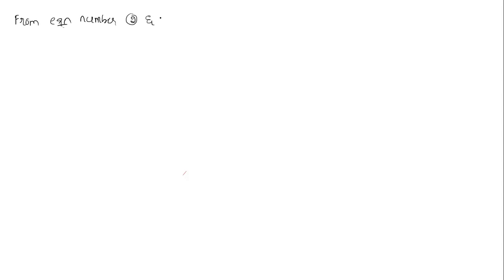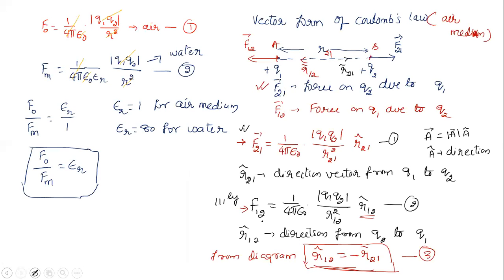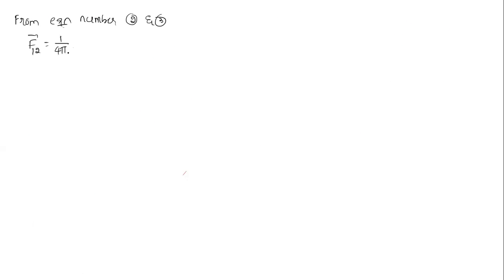So yeah, I will write the equation number 2 and 3, which are required. What is equation number 2? This is F12 vector equal to 1 divided by 4 pi epsilon naught multiplied by magnitude of Q1 Q2 divided by R12 square into R12 cap.